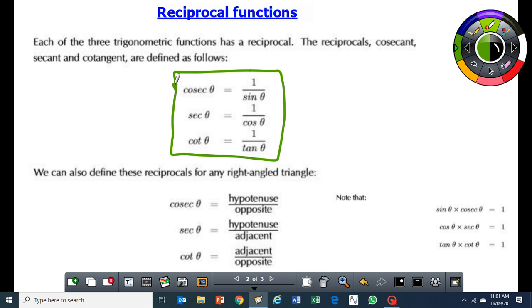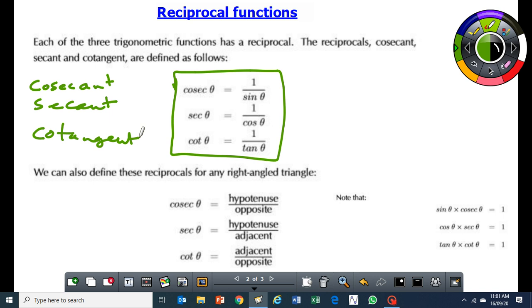The reciprocal for sine is actually called cosecant, but cosec is just a shortcut. Secant is the reciprocal for cos, and then cotangent is the reciprocal for tan.